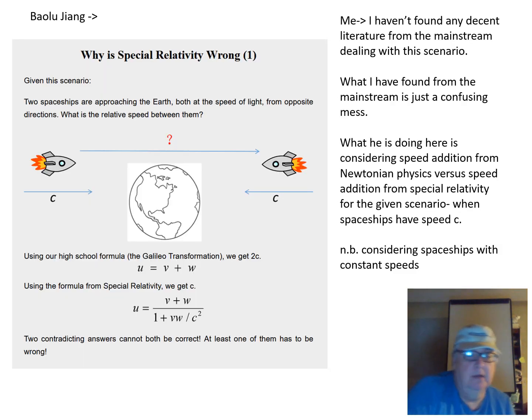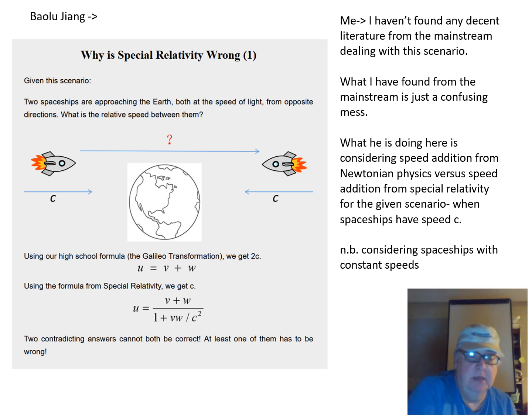So Jan gives us this setup where you have two spaceships. First spaceship is going from the left to the right with speed c, and the second spaceship is going from the right to the left with speed c. And if they go on for long enough, they will crash into each other, but there should be a relative speed between them.